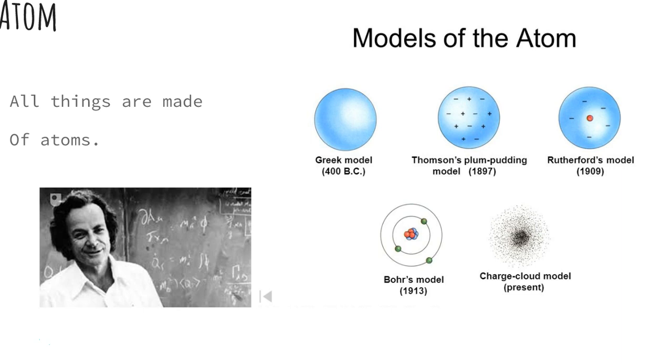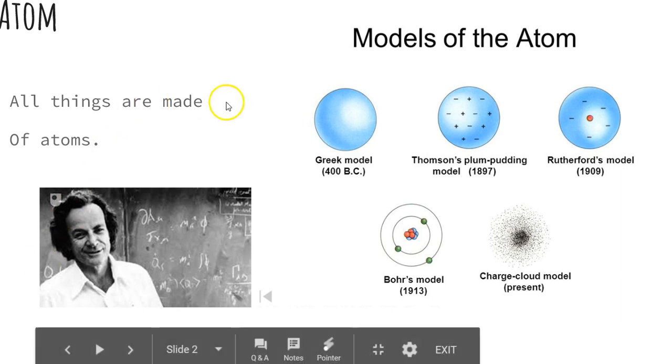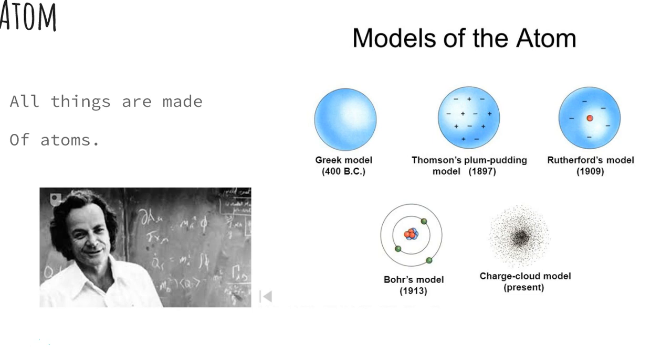Now, the model of the atom has changed over the history of science. Back in 400 BC, Democritus was able to figure out that atoms were the fundamental particle of things. You could cut things into tiny, tiny pieces. Eventually, you would get to the atom, which meant indivisible.